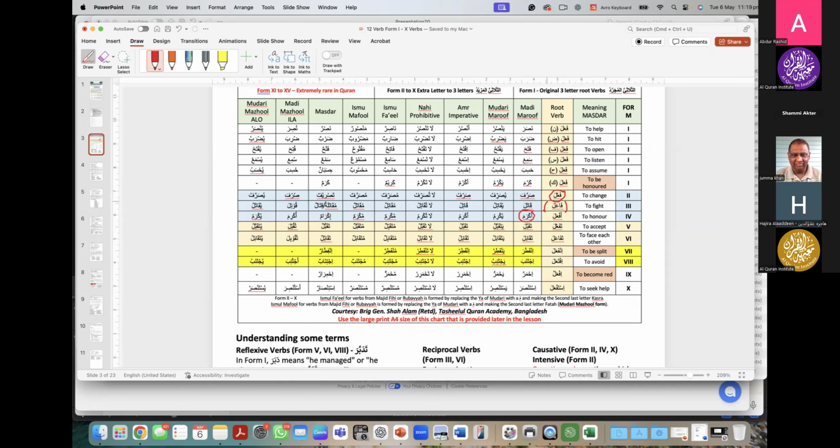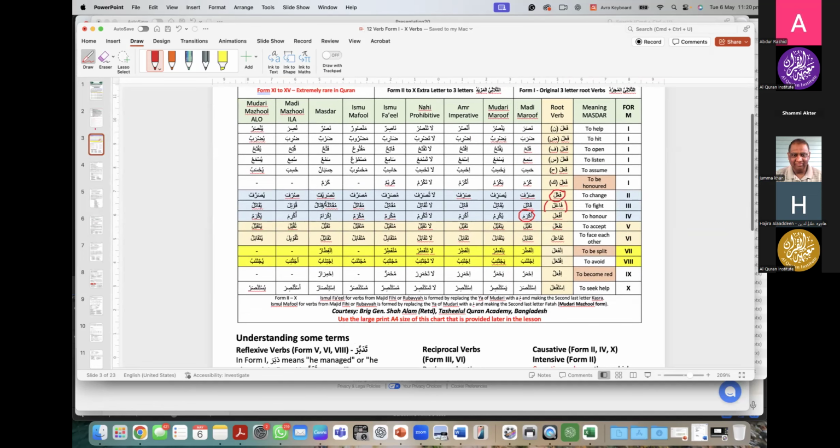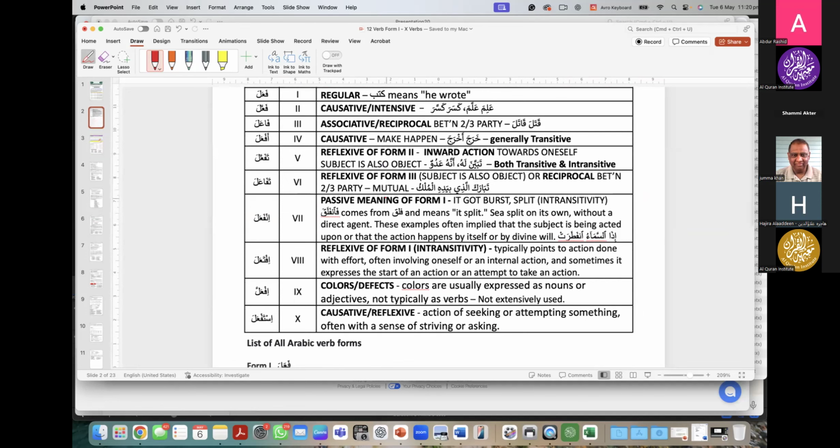Tafa'ala, if I go to this, okay, you don't have to remember this, but think about it. If you understand it now, that will be enough. Form 5 and form 6, can you see reflexive? What does it mean? Reflexive means you take it inside, thinking deep. There will be some meanings where it will be more than just doing something.